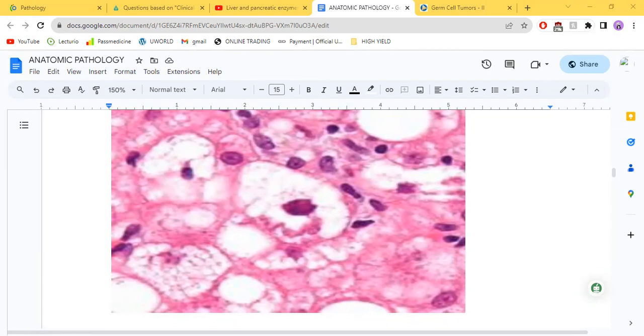Mallory bodies, yes. So Mallory-Denk bodies. When do we find them? In which pathologies do we find Mallory-Denk bodies? Alcoholic cirrhosis, exactly.